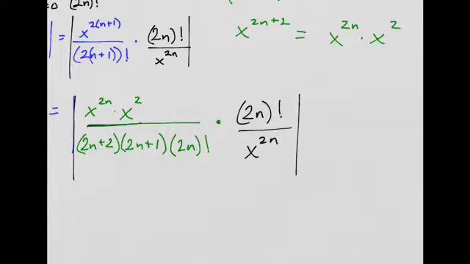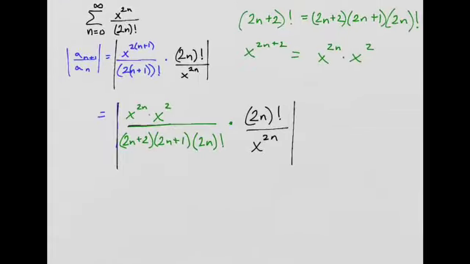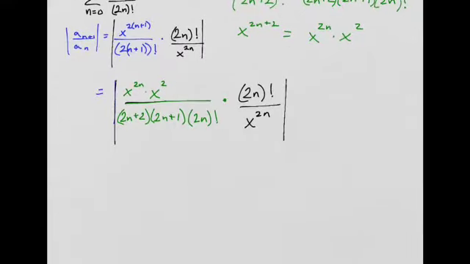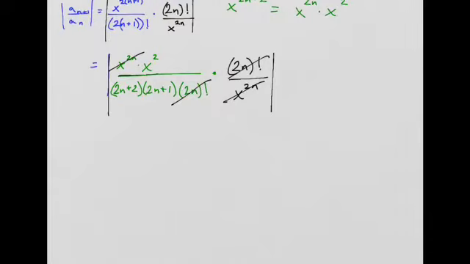So I have the absolute value of this. Remember, I'm doing the ratio test, so I'm figuring this out, and then I'll take the limit of this, and then I'll see which x values allow this limit to be less than 1, because for the ratio test, that's what allows us to know that the series converges. So that cancels out with that, cancels out with that, and I'm left with this right here.